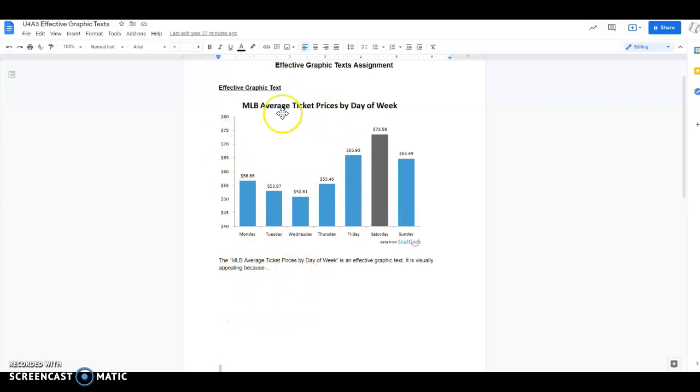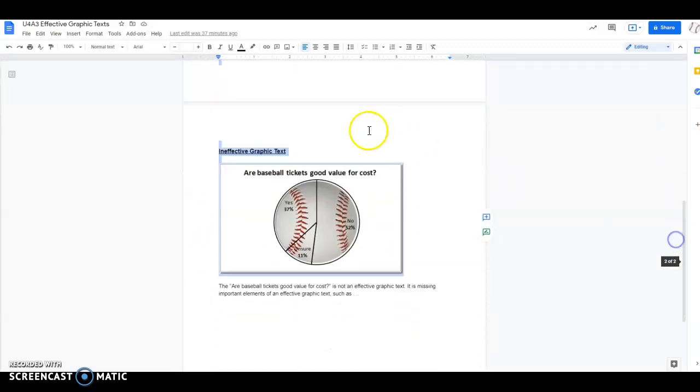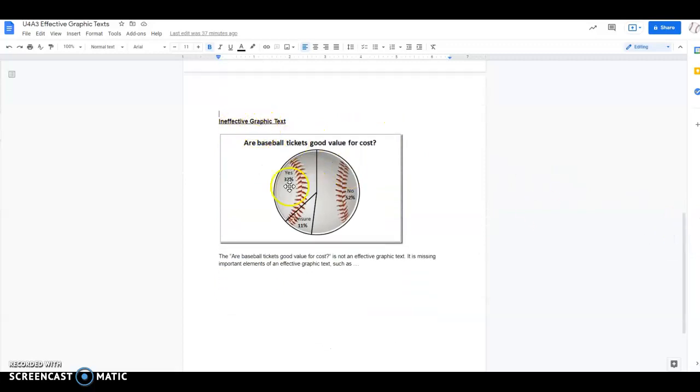I would use examples from the graphic itself to support my points, and then that would be half of the assignment complete right here. And then I would have a second graphic text which I would label as ineffective.